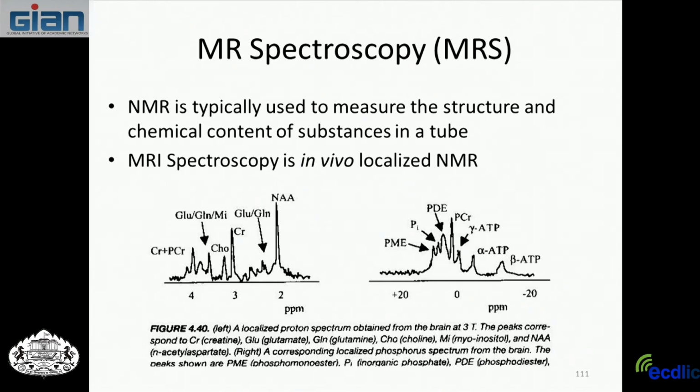Basically it's used to measure the structure and chemical content of a substance in a tube. You can also do this in the body by measuring the chemical content of a single piece of tissue. You might get something that looks like this, and you can attribute different chemical properties to their different frequencies.